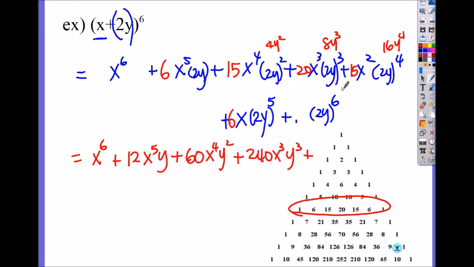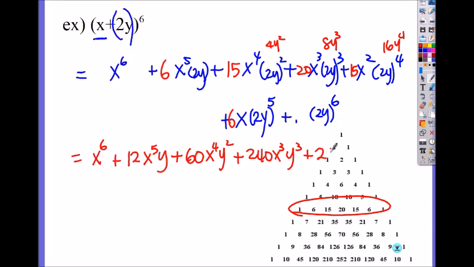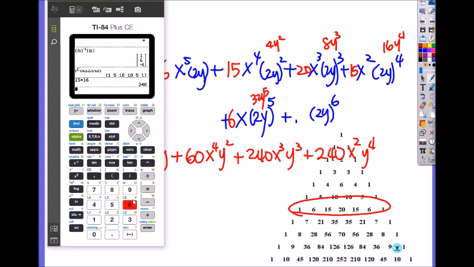So what's 15 times 16? 15 times 16, I get 240. So it's 240 x^2 y^4. And here, what's 2 to the 5th? It's 32 y^5, right? 2y raised to the 5th power. So it's 32 times 6, which is 192. 6 times 32 is 192.